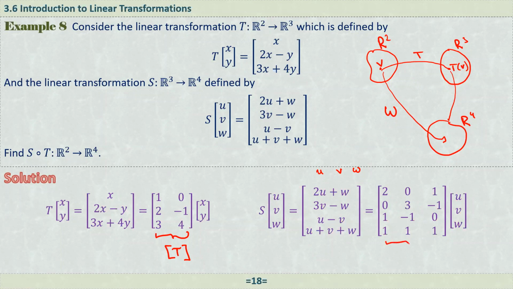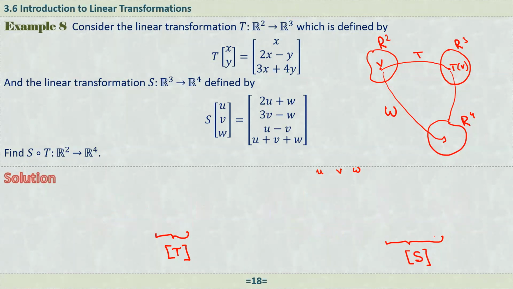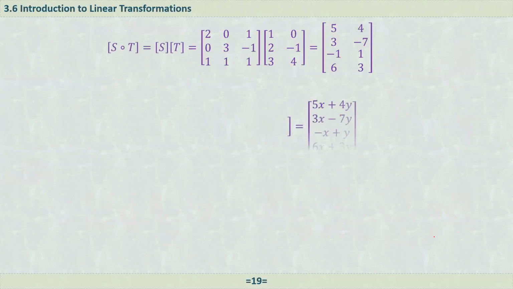So that is the standard matrix for this transformation. Let's denote this by S. Now by using the previous theorem 3.2, S composed with T is just the product of these standard matrices, S times T.